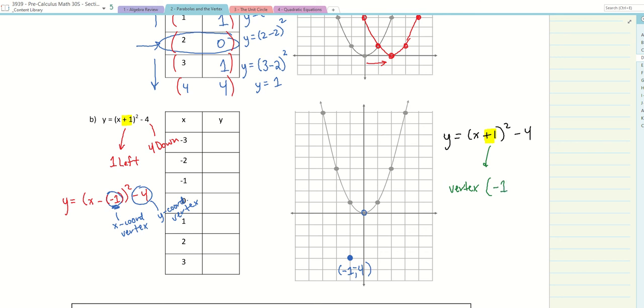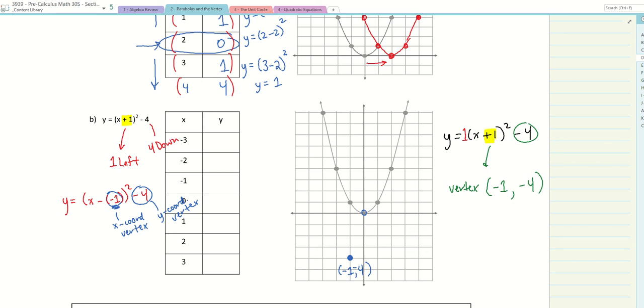My vertex is going to be the opposite sign of that, and then whatever that is. So negative 1, negative 4. 1 to the left, 4 down. Next, look to see if there is any number in front. It's like a 1 because there's no number. So this is just a regular parabola that's not been stretched, moved 1 to the left, 4 down.